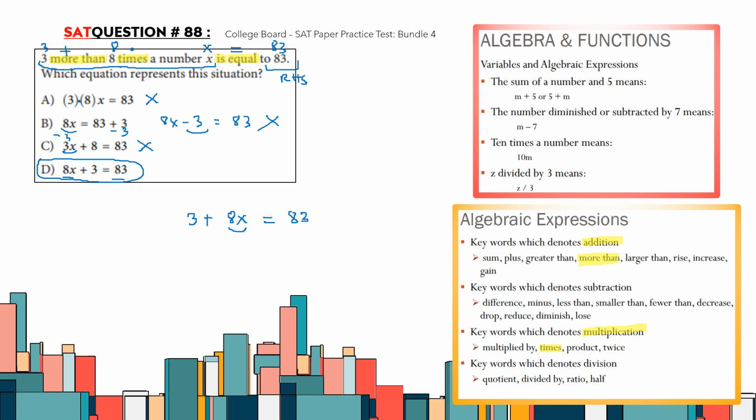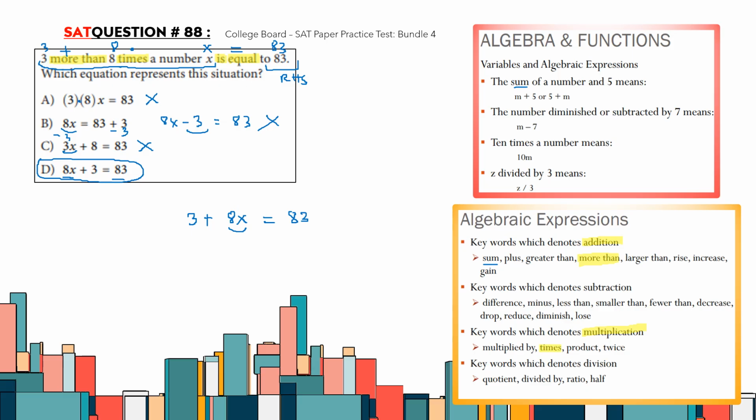So for those questions, it's easy if we learn how the wording converts to mathematical equations or notations. On the right side, we have some examples. For example, sum means adding.